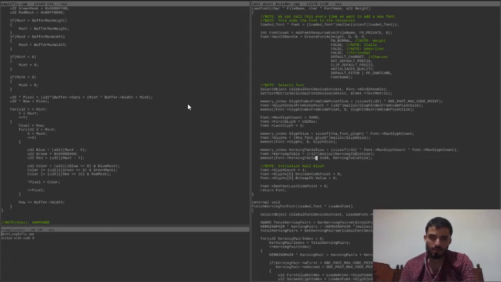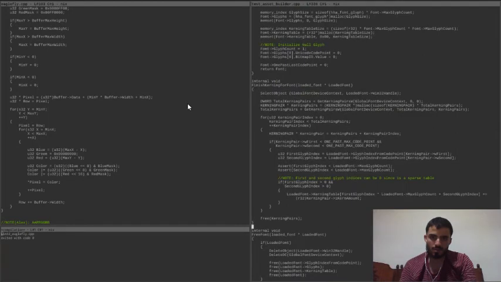We get the kerning table, everything. Here we do some kerning. We add the kerning for each pair.